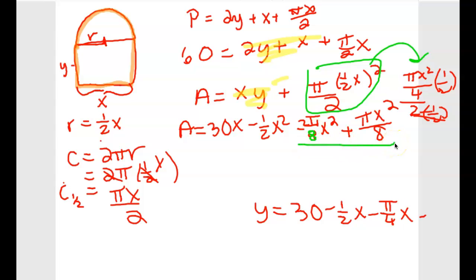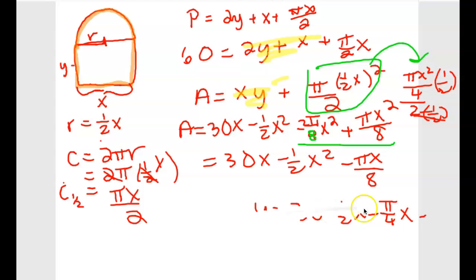Negative 2 pi eighths plus pi eighths is negative pi eighths x squared. Thank you.